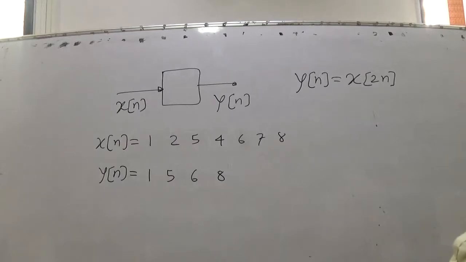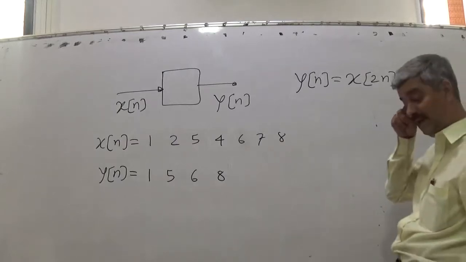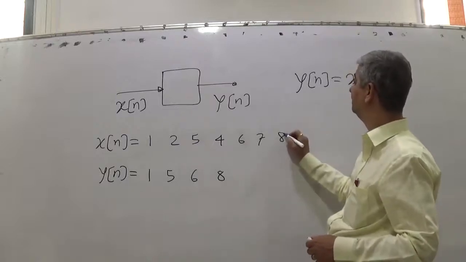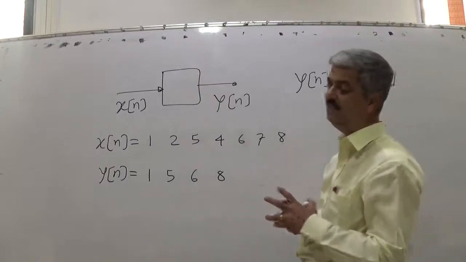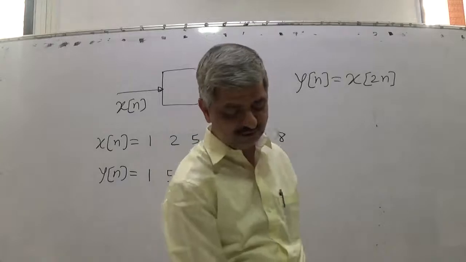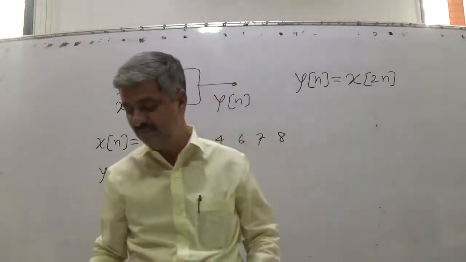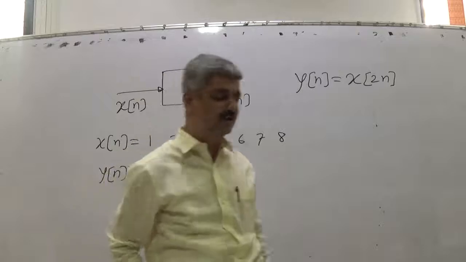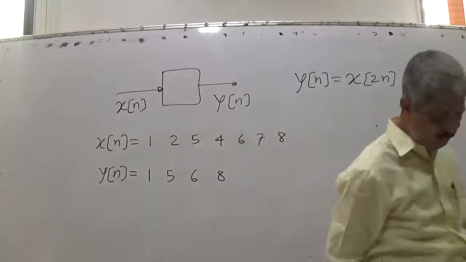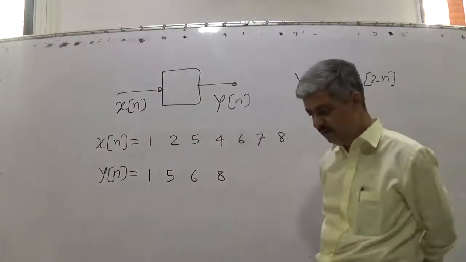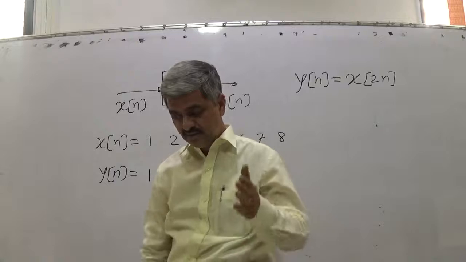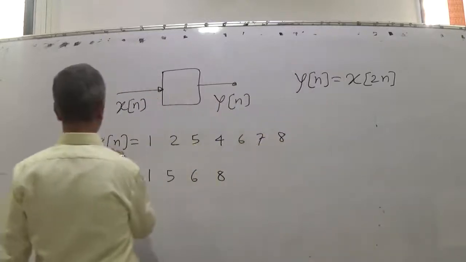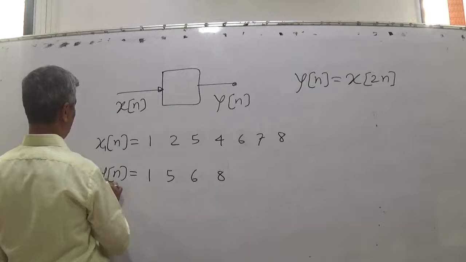y[n] = x[2n]. We need to check whether this system is time invariant or not. In that situation, we need to perform a check. What is the check? Let this be x1[n], then this be y1[n].